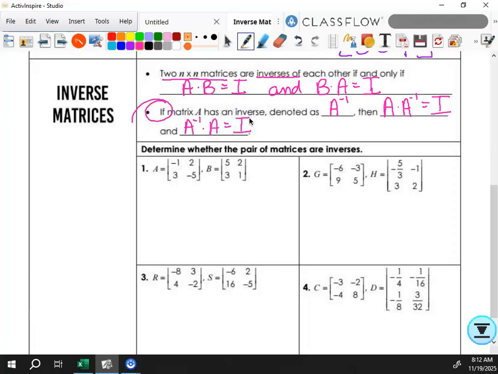So just like when you did functions, if you have f of x, and you have the inverse, it's f inverse of x. It looks like it's to the -1 power. That's not what that means. That just means inverse. Okay. Also think about this. If I have 8 to the -1 power, what is that?